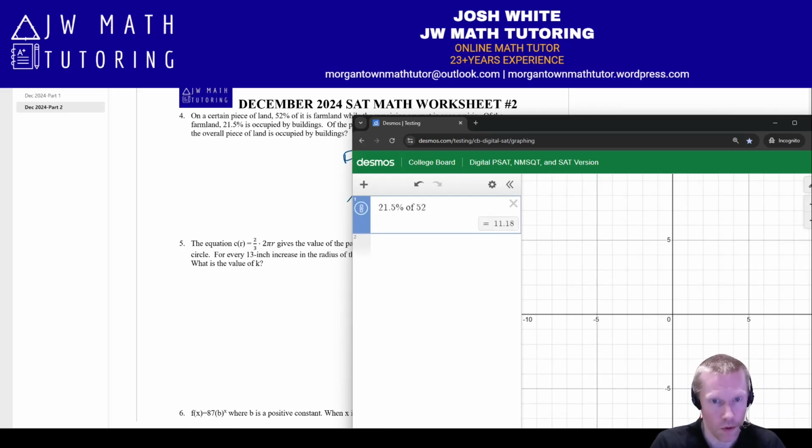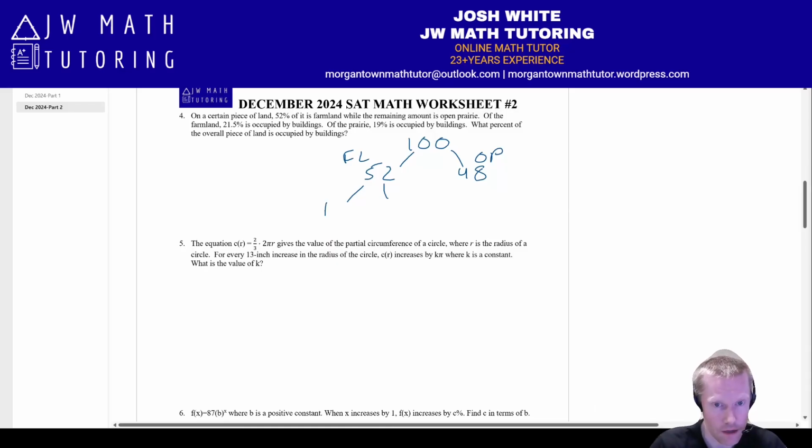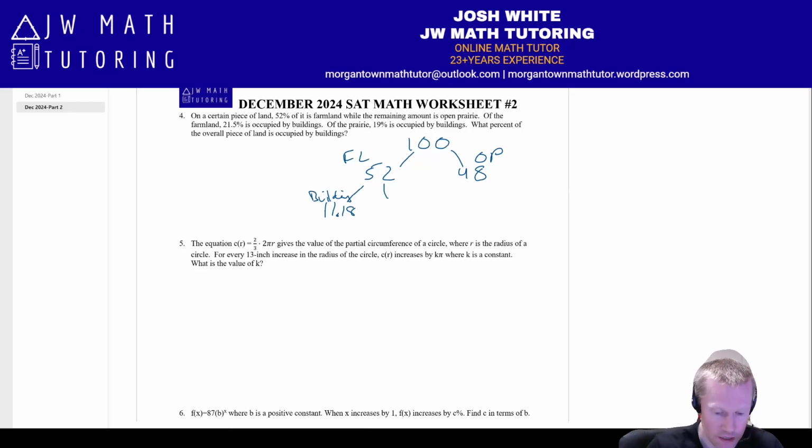All right, 11.18. So that means 11.18, again, square meters, whatever unit you want to use, is buildings. And the remaining value, which technically doesn't matter, but I already did it. I think it should be, let me just check, 40.82.